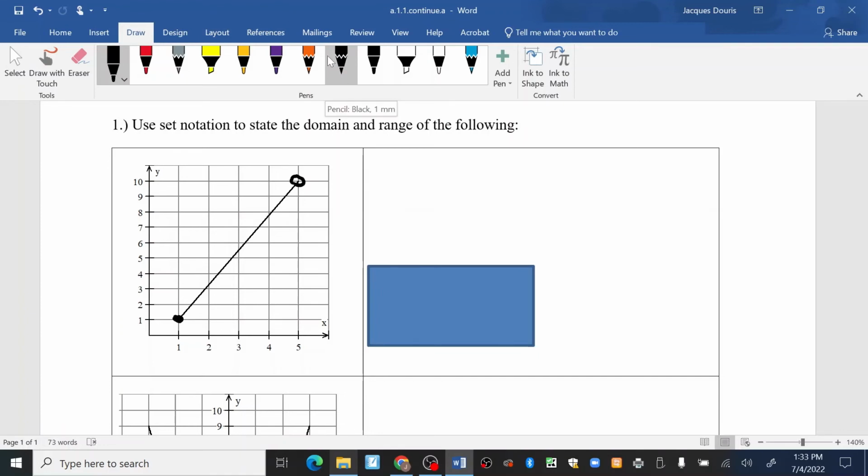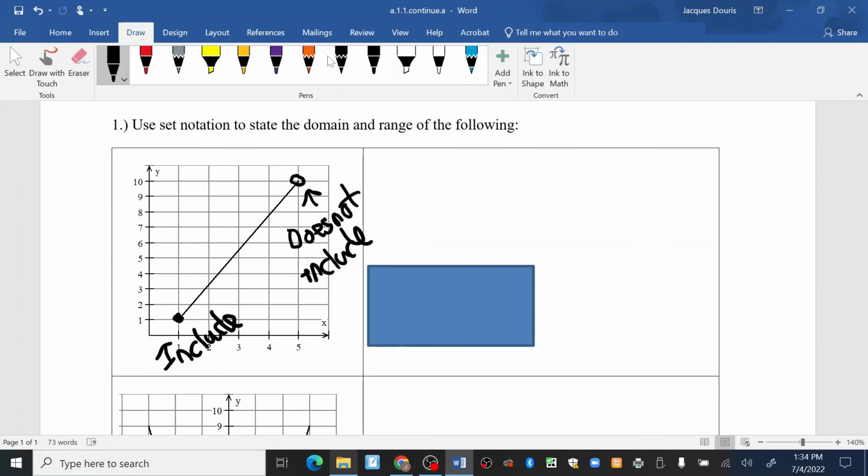Well, the open circle means does not include, and the closed circle means include. So you include the x value 1, or you include the point 1, 1. If it's an open circle like this, you do not include the point 5 and 10.